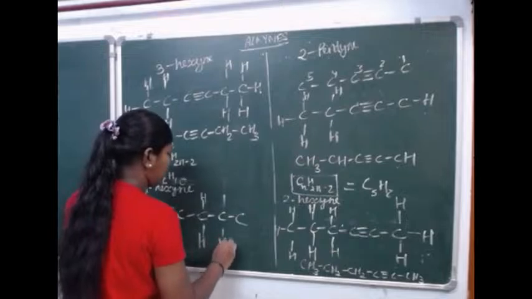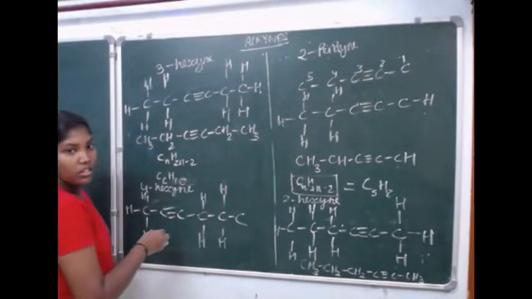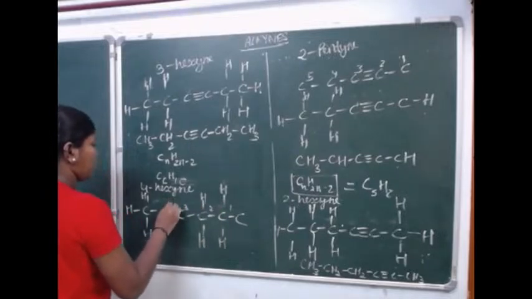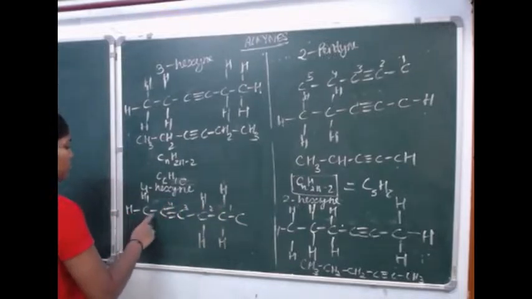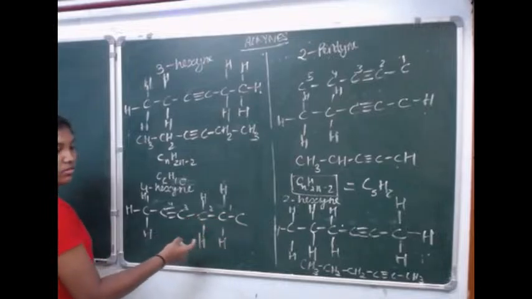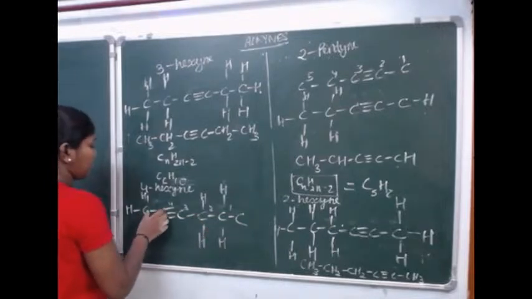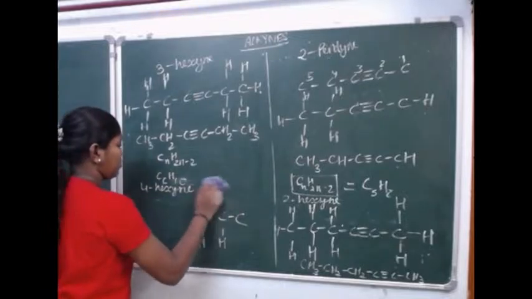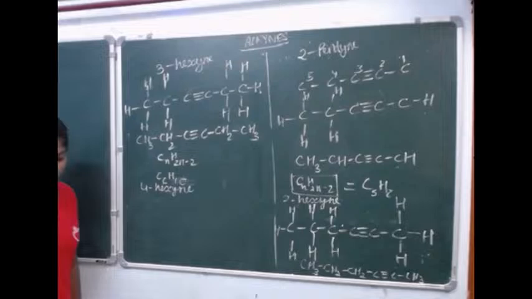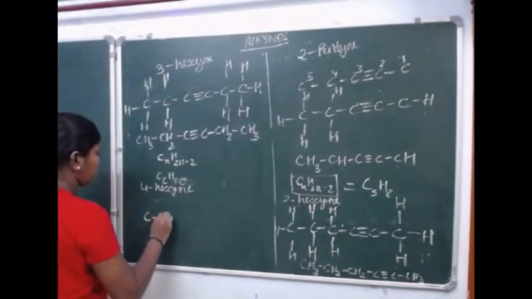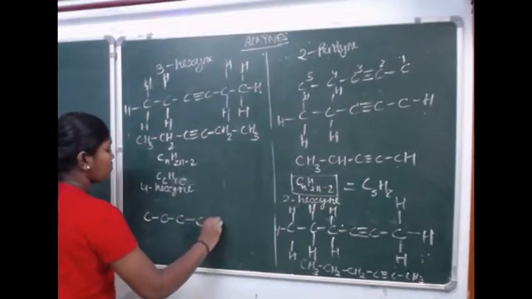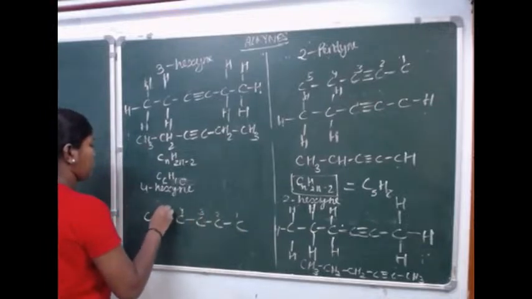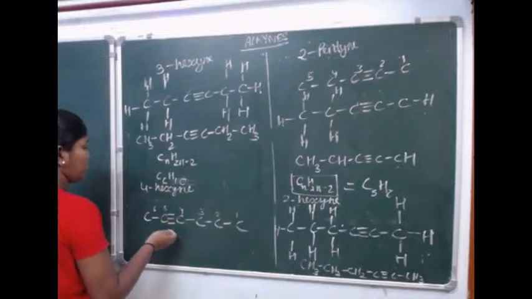Have you counted from right? Put the number first. You are leaving that first C. Again, do it again. Erase. Draw first 6 carbon atoms. Now count. Now 4. Okay?